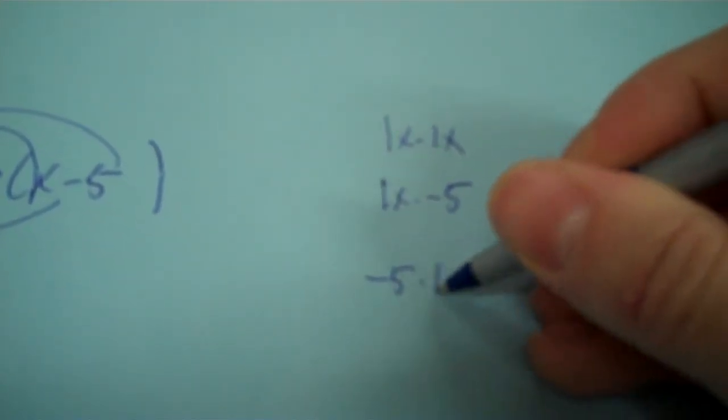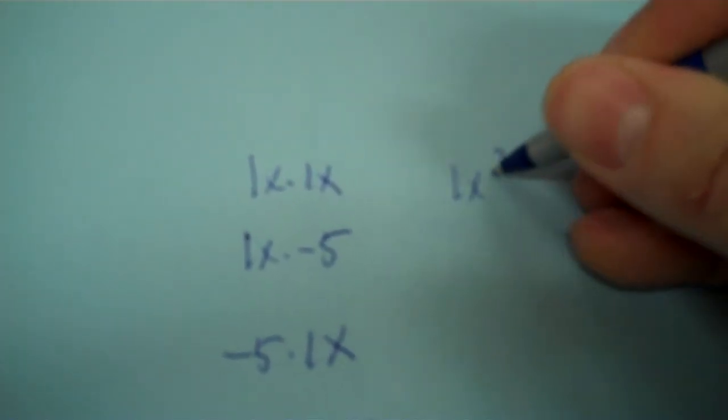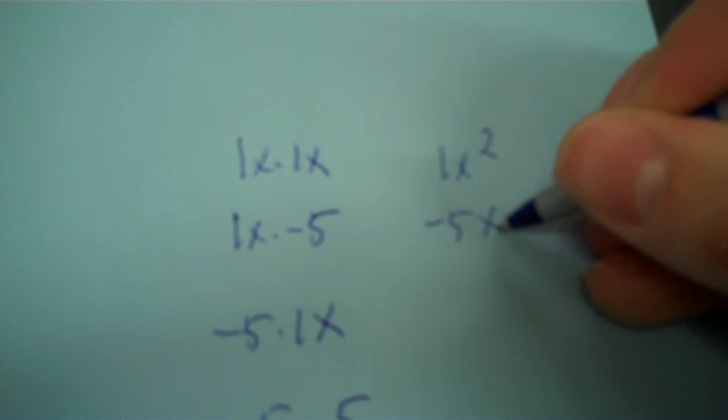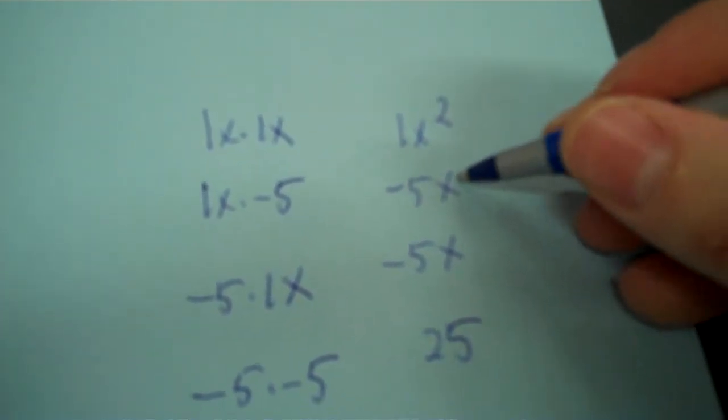So I take 1x times 1x, 1x times negative 5, negative 5 times 1x, negative 5 times negative 5. So that's 1x to the second, negative 5x, another negative 5x, and then 25.